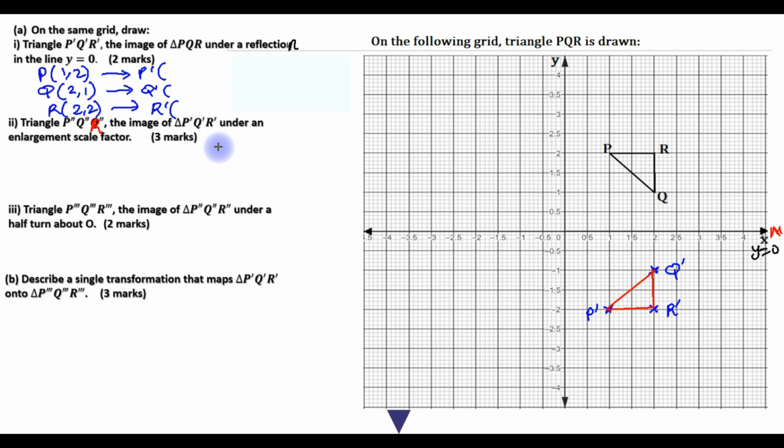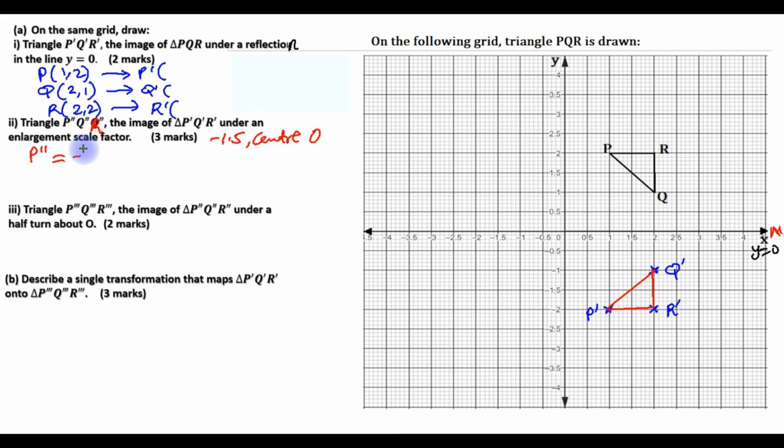This scale factor is minus 1.5, actually it is given, and the center is 0, so the center is about the origin. To get the image of P prime, it will be the scale factor times the coordinates of P prime.